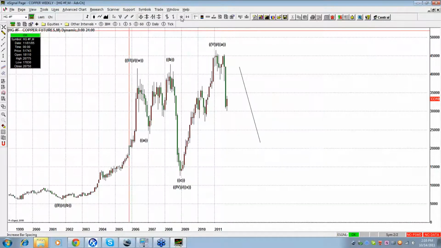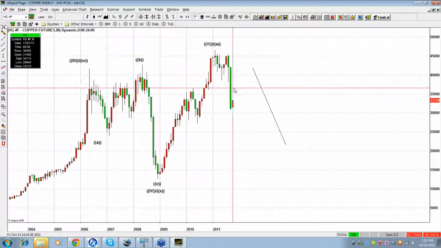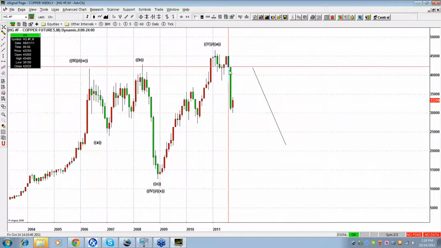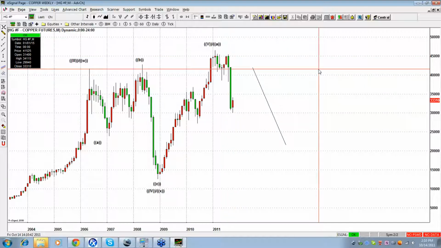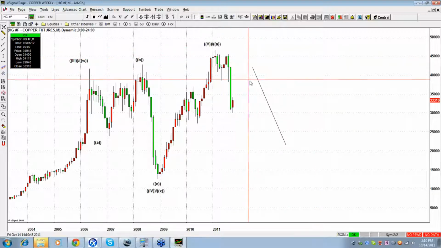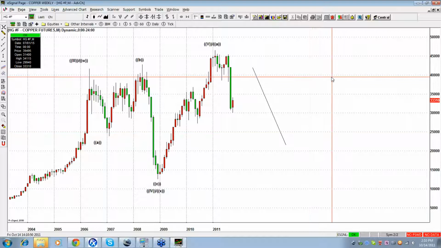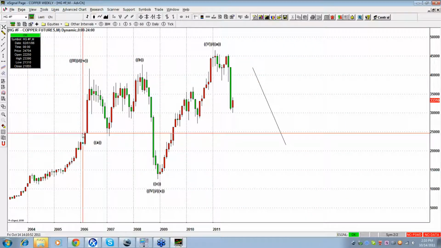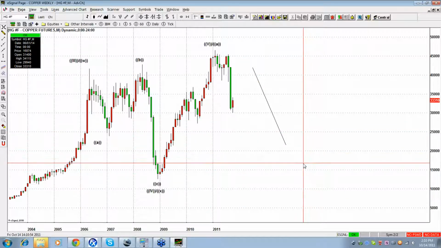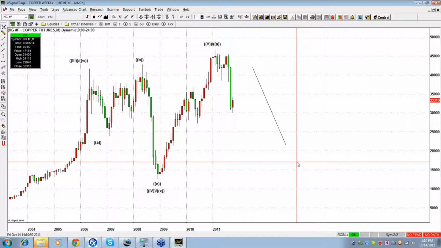And I want you guys to tell me that candle there, what it is. That's bearish. Copper needs to go down. And when that goes down, oil is going to go down, S&P is going to go down, dollar is going to go higher. That's how it is.